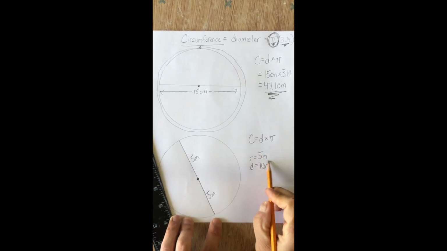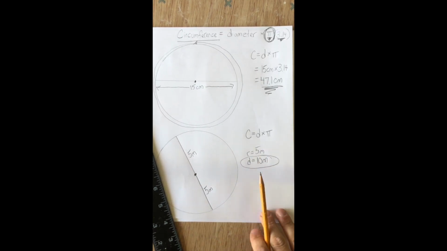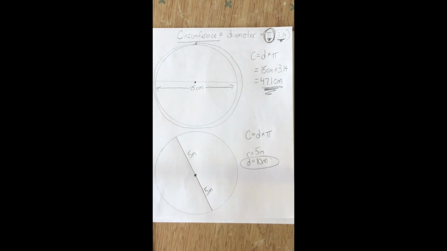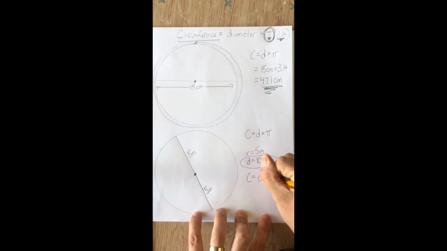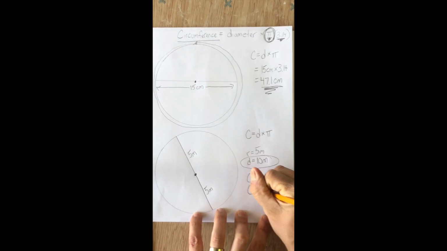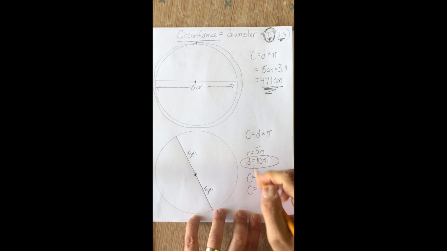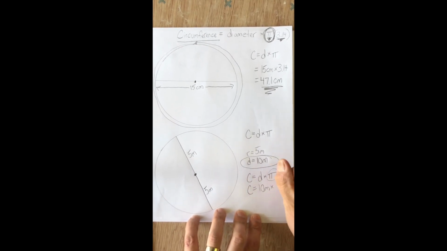Okay, so here's the number that I'm looking for. I first need to find out what the diameter is before I calculate the circumference. But now that I have the diameter, I can easily do it. Circumference equals diameter times pi. So the circumference is going to be the diameter that I just found, 10 meters, times, again, pi, which is that number, 3.14.